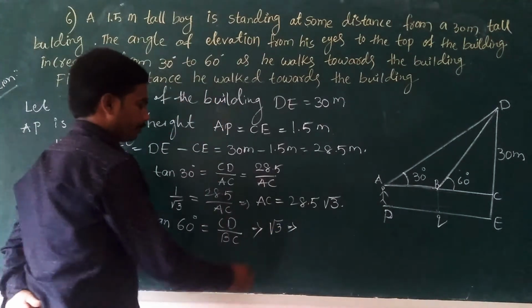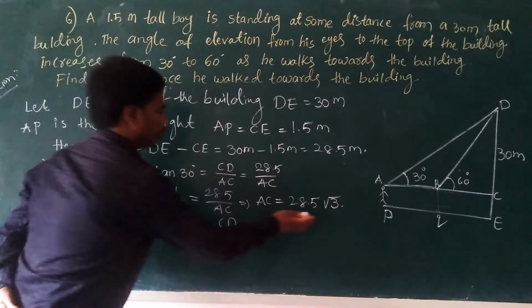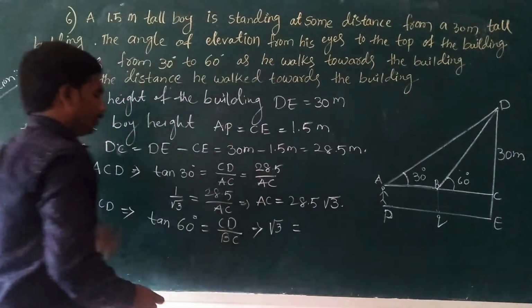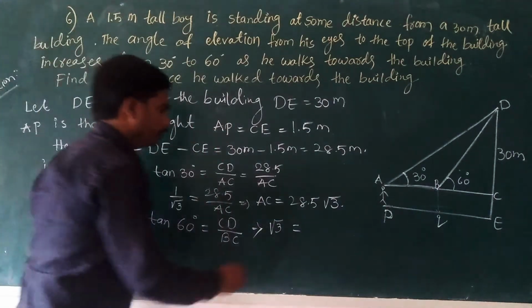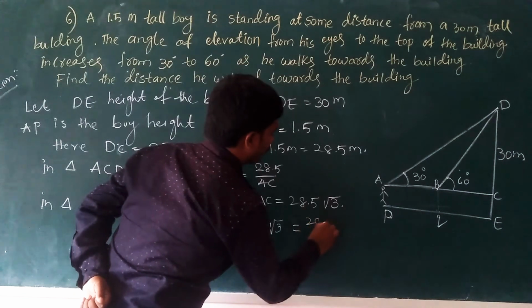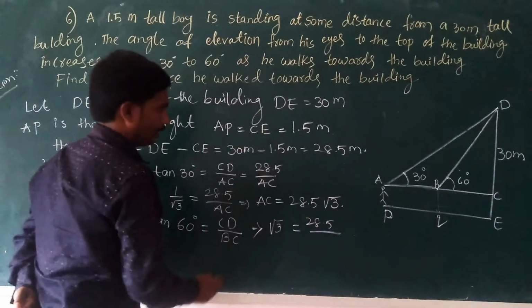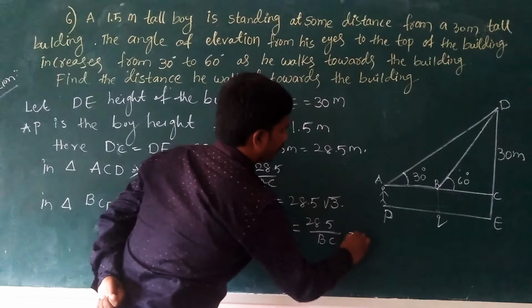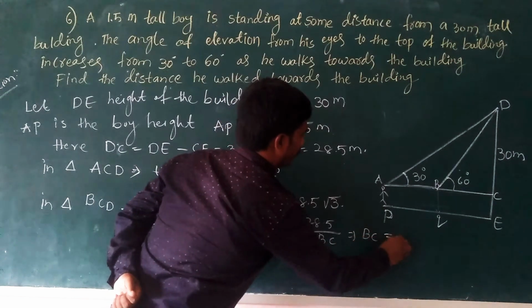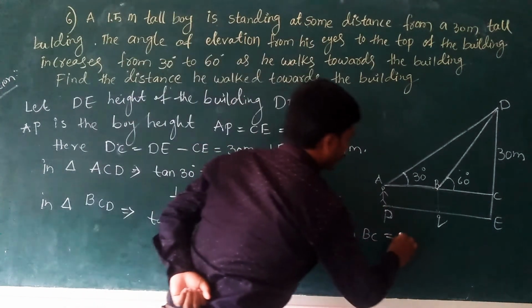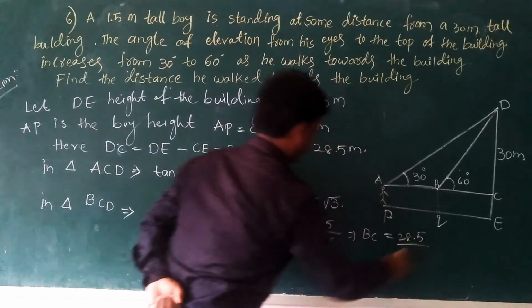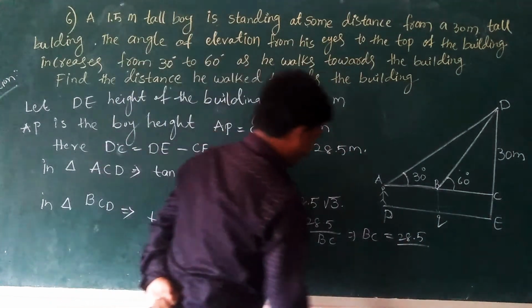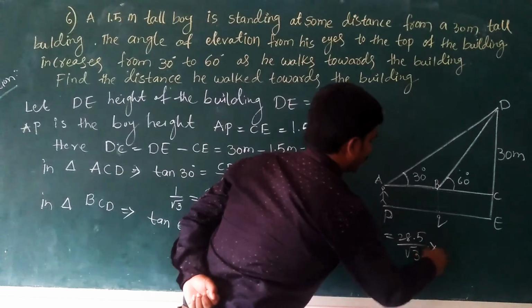So root 3 is equal to 28.5 by BC, so BC is equal to 28.5 by root 3.